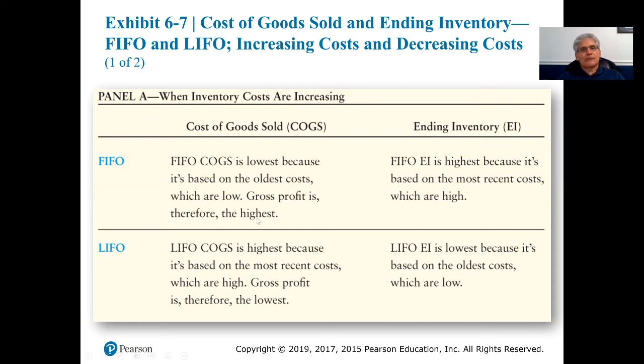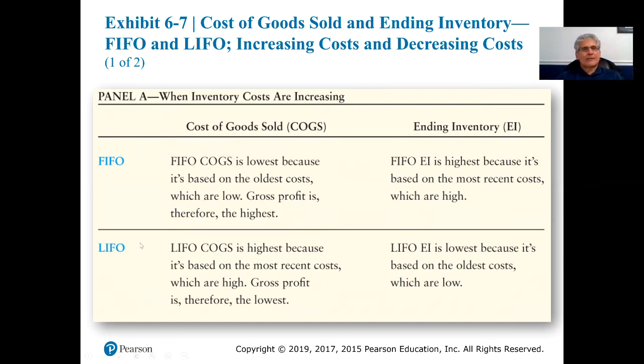So gross profit is therefore the highest. Now, this is true if prices are going up, which in most cases they are. So the ending inventory will be highest because it's based on the most recent costs, which are generally speaking higher. That isn't always the case. You can't say this 100% of the time, but in most cases it will be because prices generally go up.